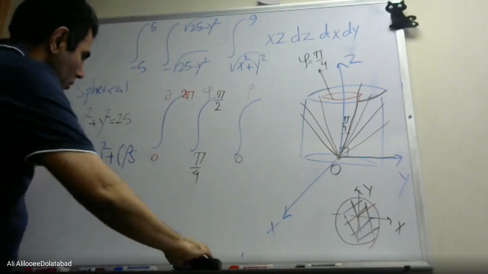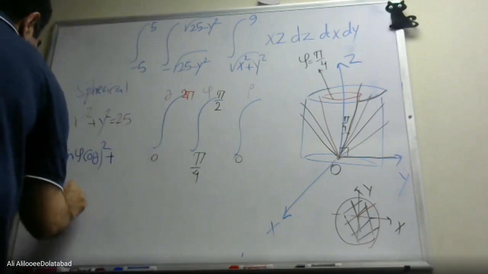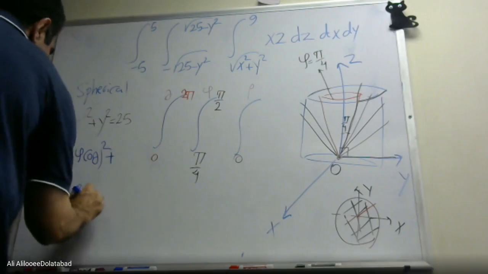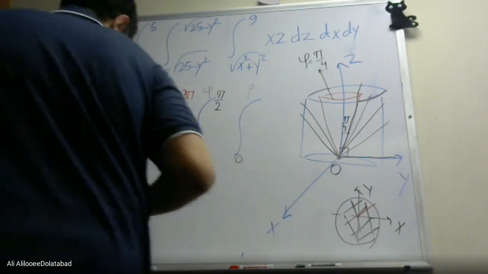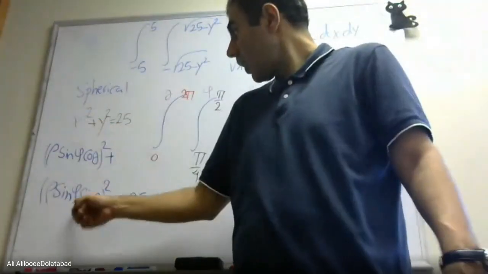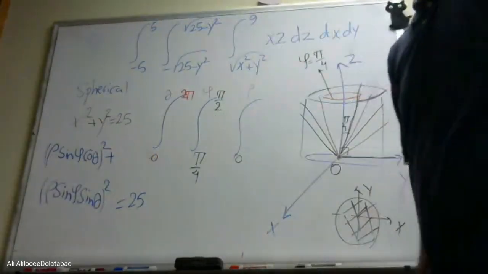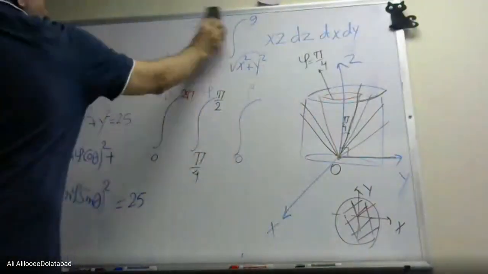Rho sine phi sine theta, squared, equals 25. This guy is x, this guy is y.